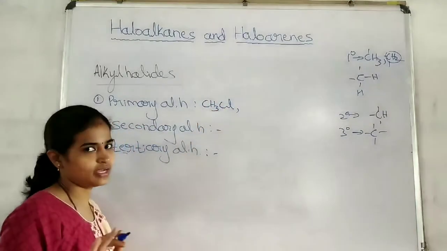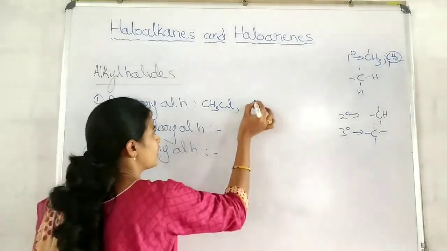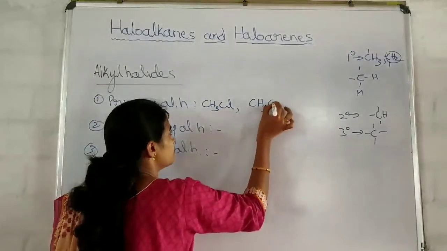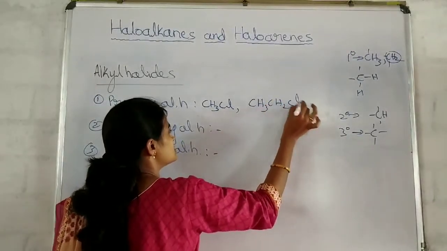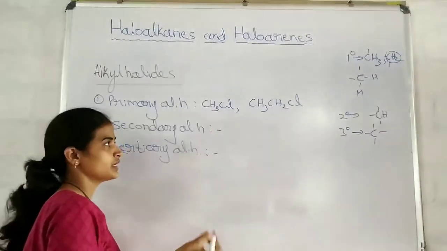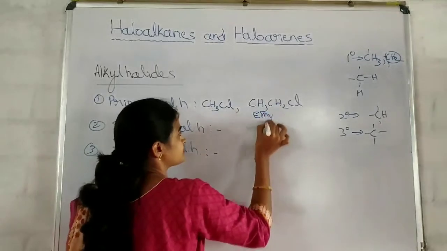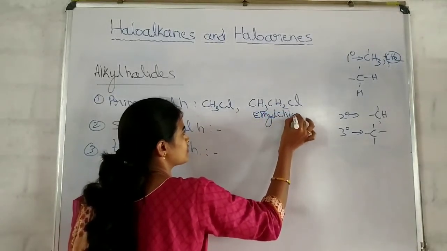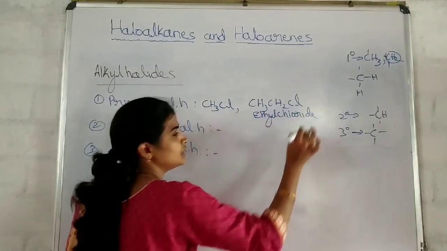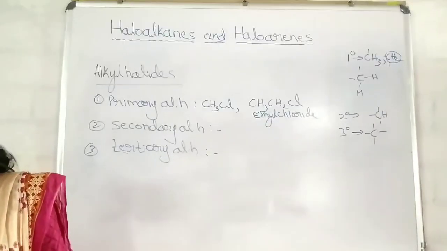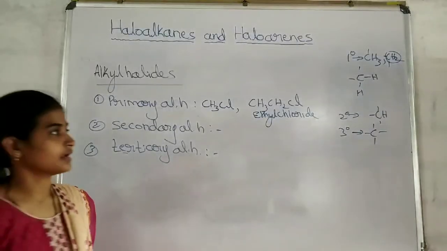CH3Cl, methyl chloride, is an example for primary alkyl halide, or CH3CH2Cl is also an example. What is the name of this? Ethyl chloride is also an example for primary alkyl halide.